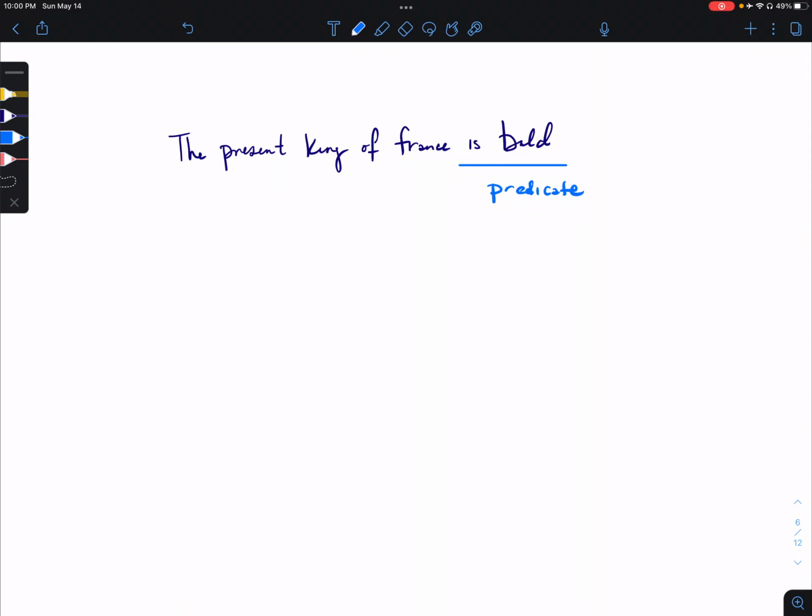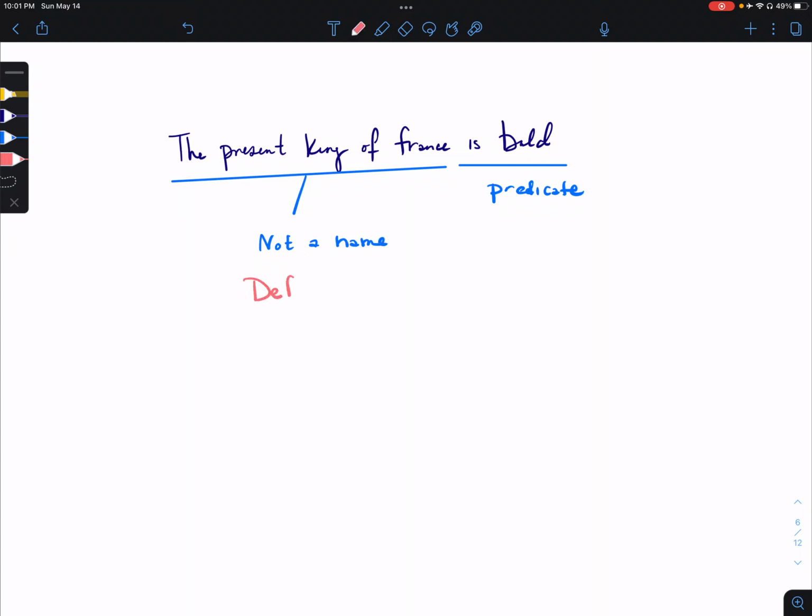but just like everyone and someone are not names of a specific existing individual, the present king of France isn't a name that picks out or refers to an individual. We're going to say this is not a name. Well, then what is it?